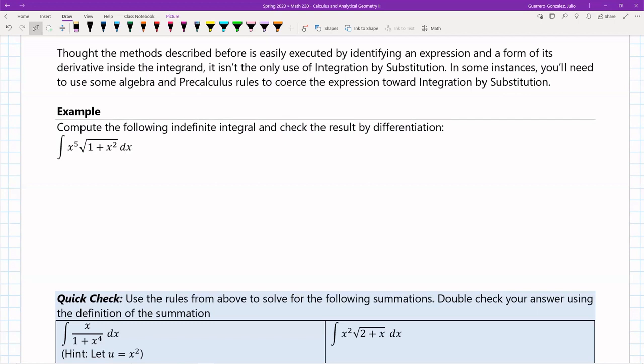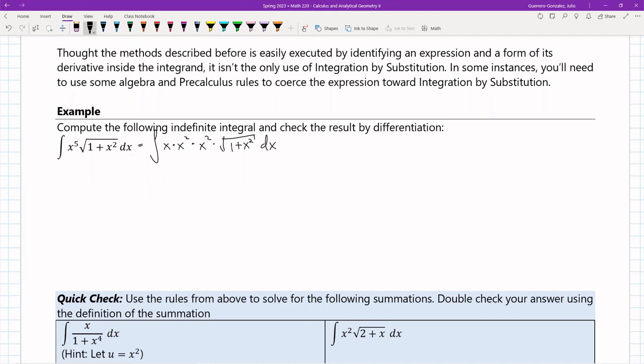These are a little tricky, so just keep an eye out when you get them for your online homework or in the lecture questions. So the first thing I'm going to do for this one is say that this is the integral of x times x squared times x squared times the square root of 1 plus x squared dx.